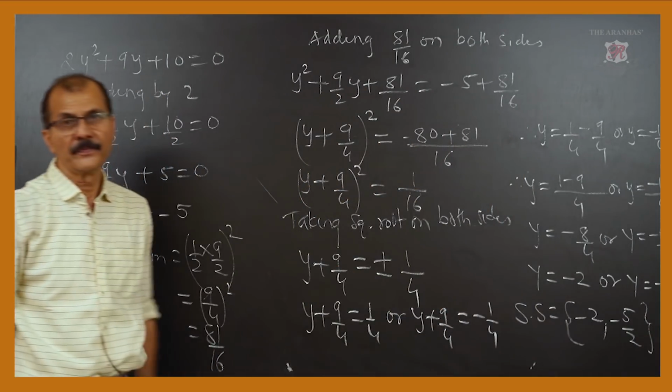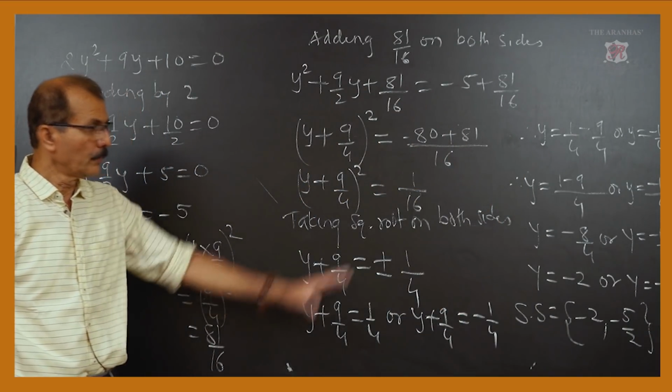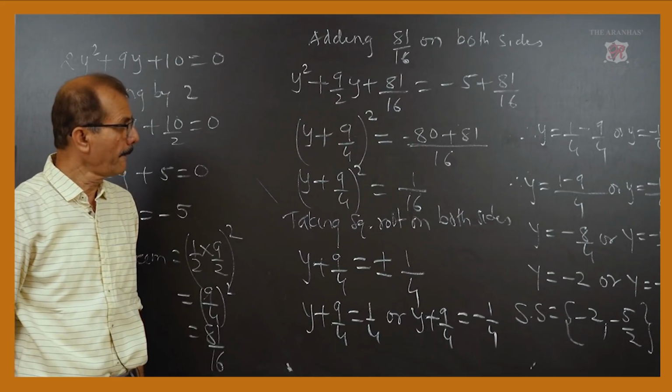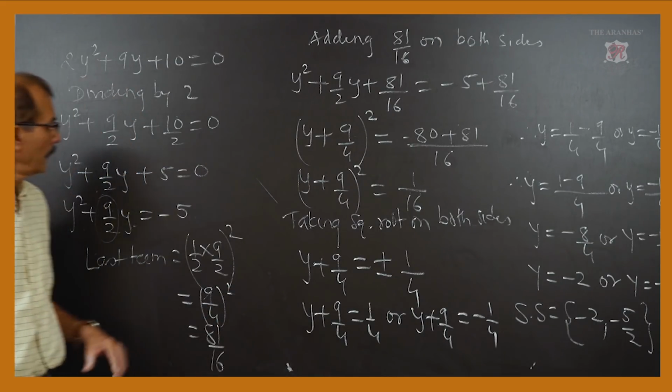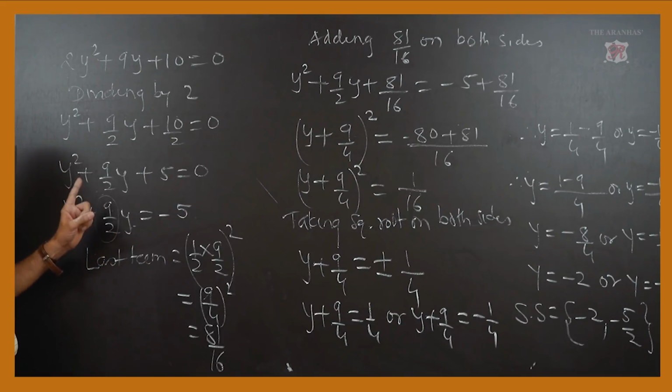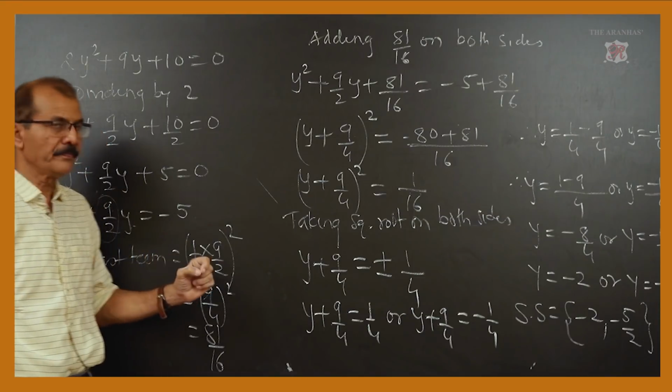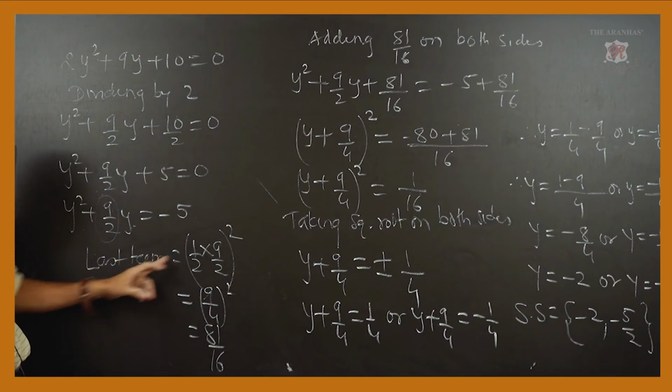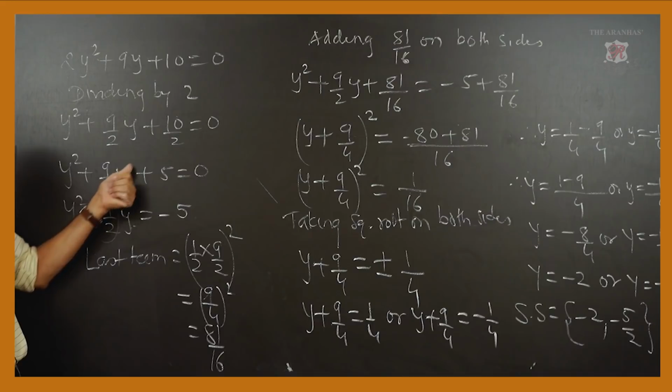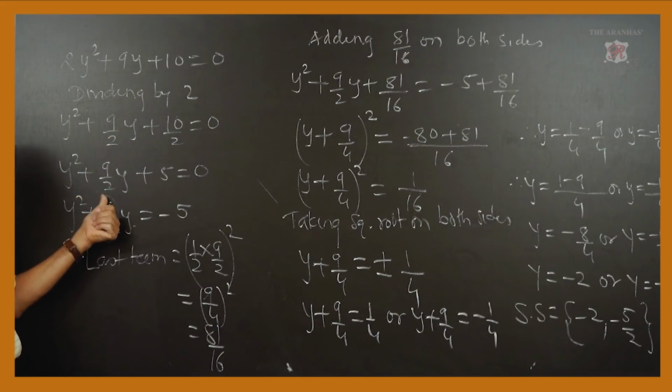This ends the sum. I hope you understood this. So, remember that to find the last term, it is always half into the coefficient of the middle term, right.